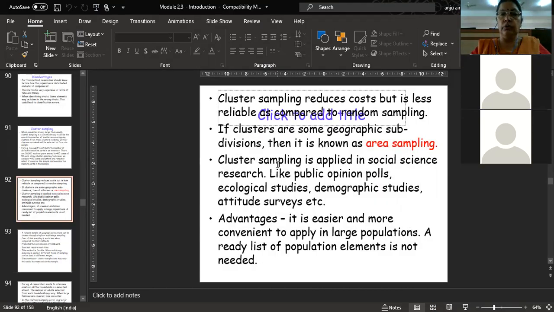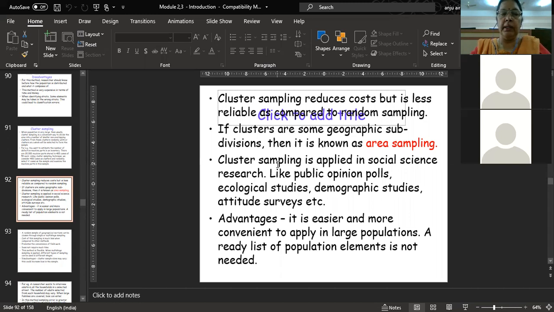If you want to cover geographical areas, like I told you, the entire country's population, as you want to take a sample, then you will call that the area sampling technique. You will not call it cluster sampling technique, you will call it area sampling technique.